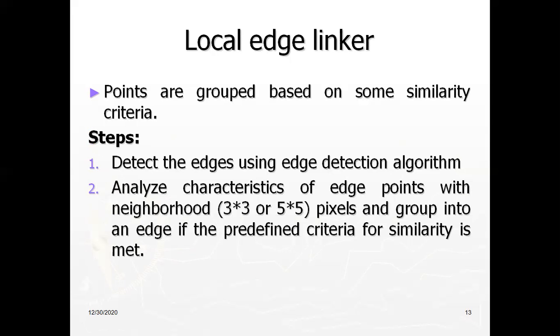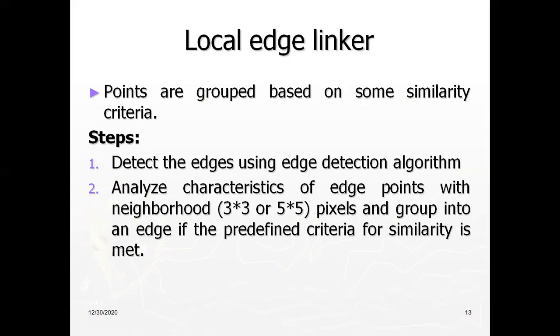Once the pixels are detected, then we analyze the characteristics of these edge points by using a 3 by 3 or 5 by 5 mask, and we group these pixels into an edge if some criteria for similarity are met.